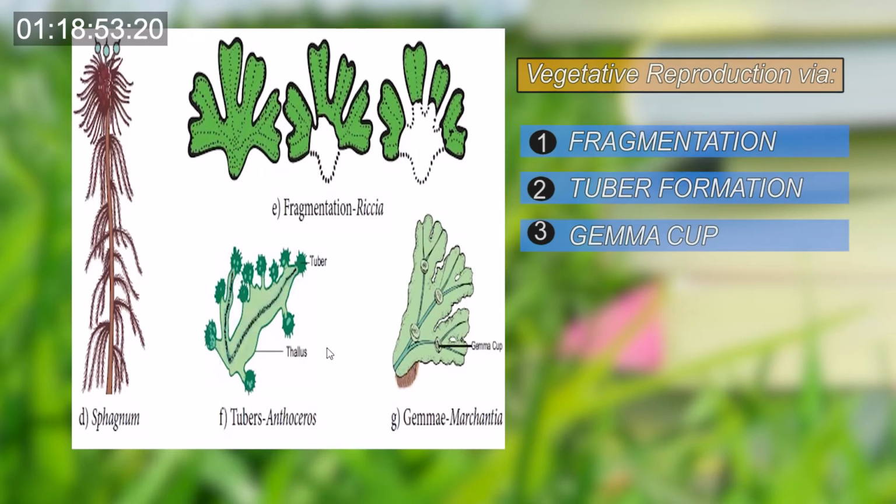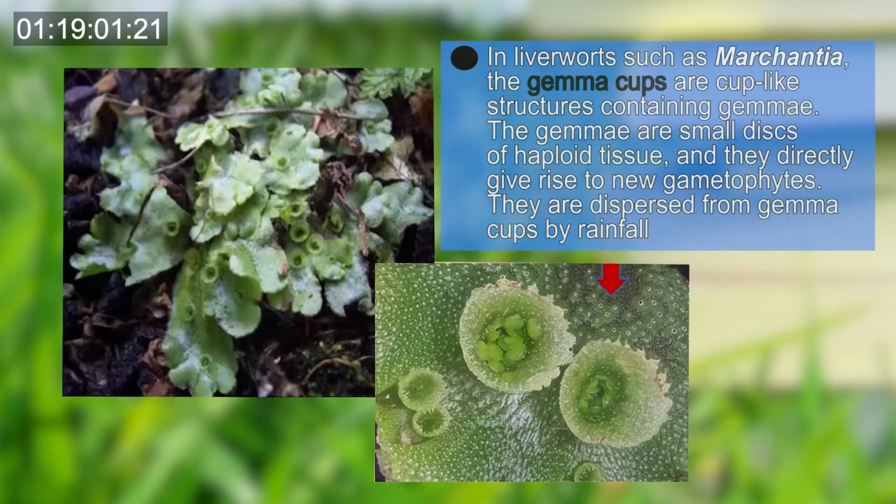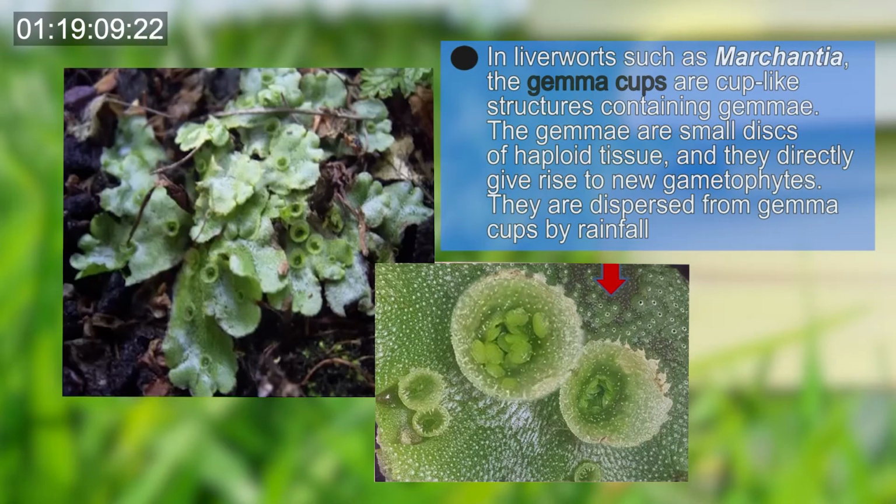The gemma cup formation is the most common type of vegetative reproduction seen in the bryophytes. These gemma cups are basically cup-shaped structures, and within these cup-shaped structures are enclosed certain vegetative bodies which are known as the gemma.